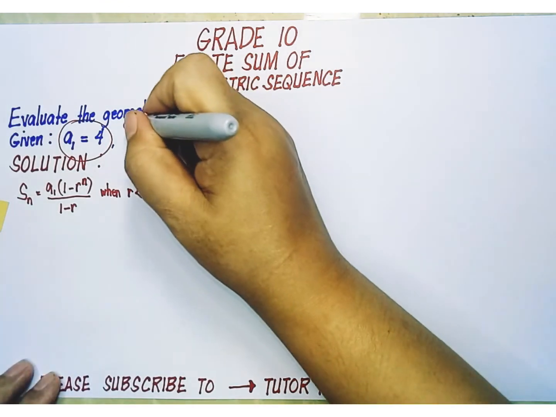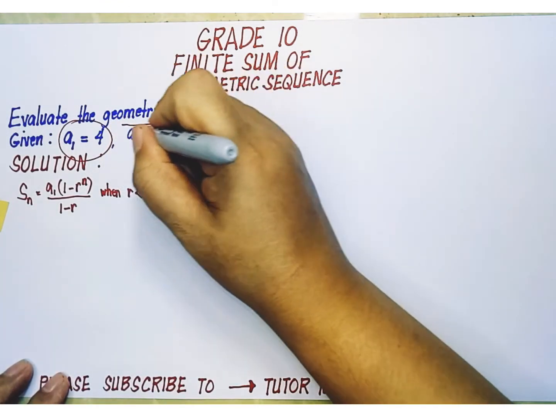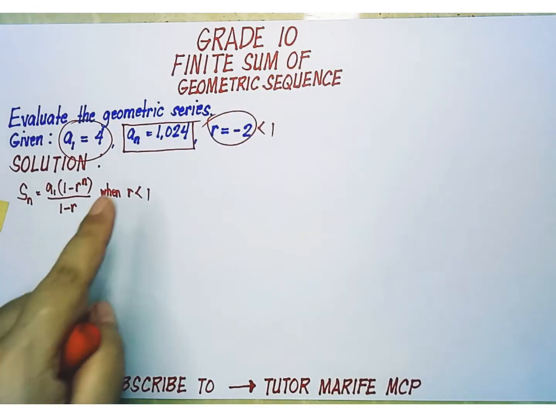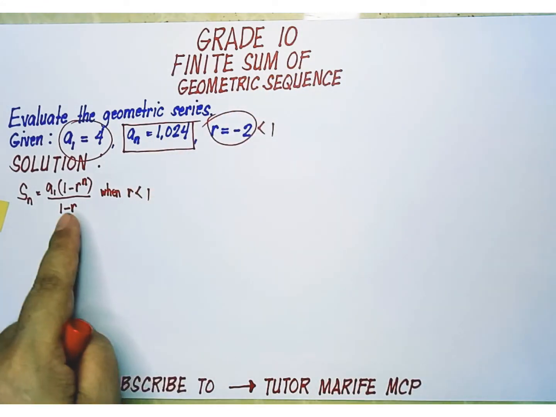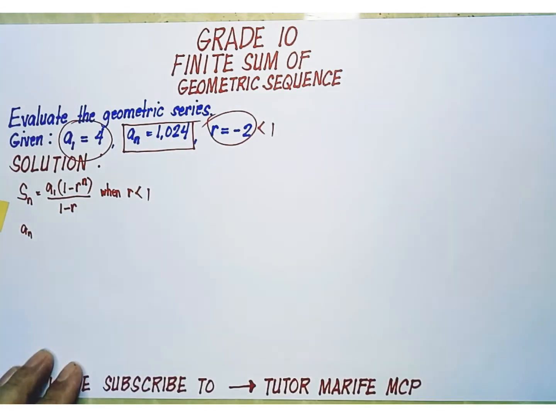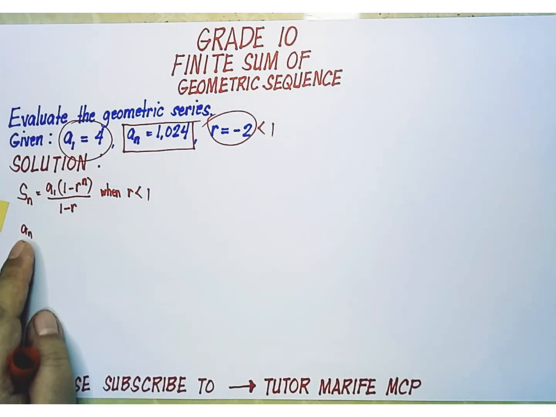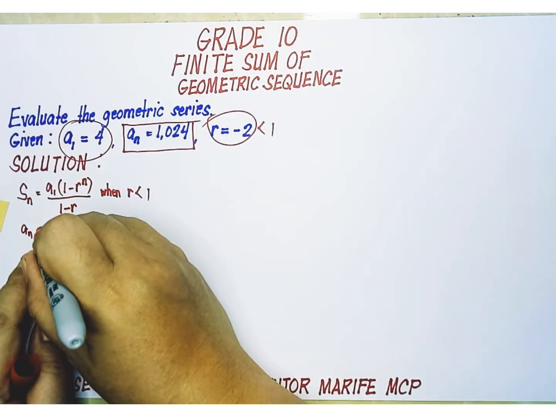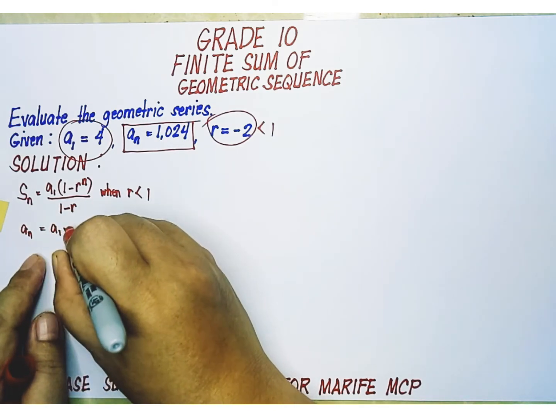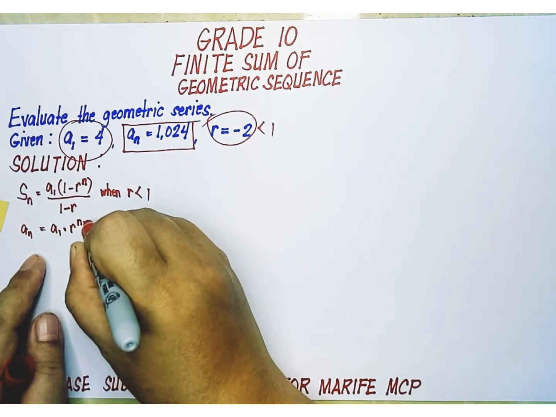Okay? So since the final term of the geometric sequence is known, we can use this to solve n. Let's review the explicit formula for any term of a geometric sequence. It's a sub n equals a sub 1 times r raised to n minus 1.